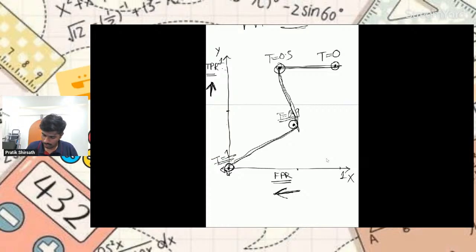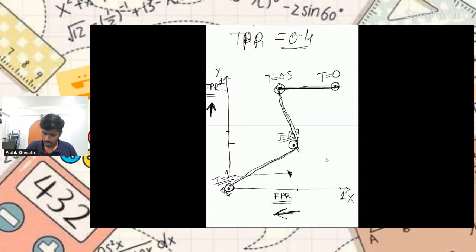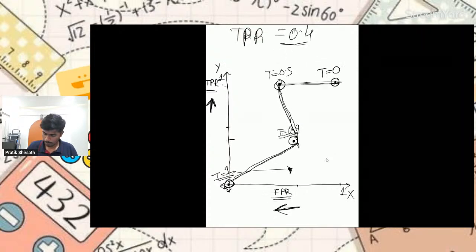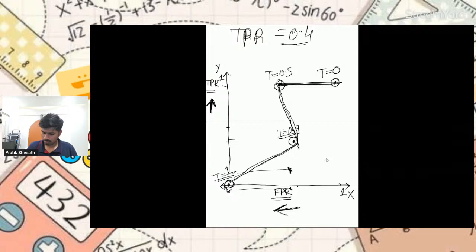This TPR is quite good. This is something kind of a middle, and TPR is low. FPR is there, TPR is also low. So we can go to the next part. This one's TPR is good, but the FPR is also good. FPR is slightly less compared to the TPR. TPR is good. Then this.